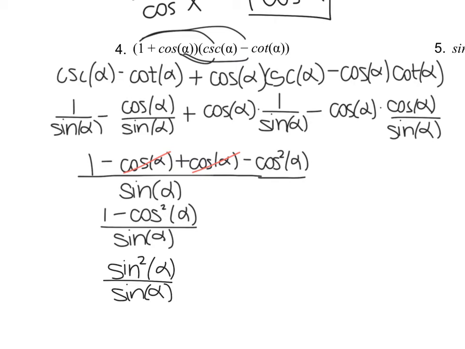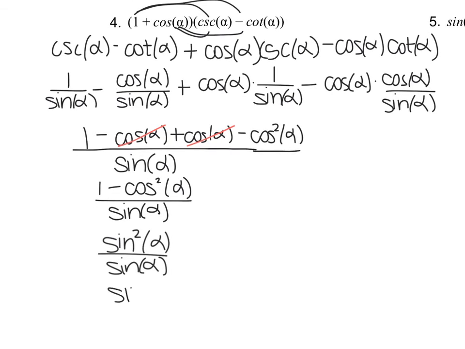So a sine squared divided by a sine, one of the sines will cancel, and we will be left with sine of alpha. Now, if you chose to rewrite in terms of sine and cosine first and then distribute, you still should have had very similar steps and you still should have gotten the same final answer of sine of alpha.